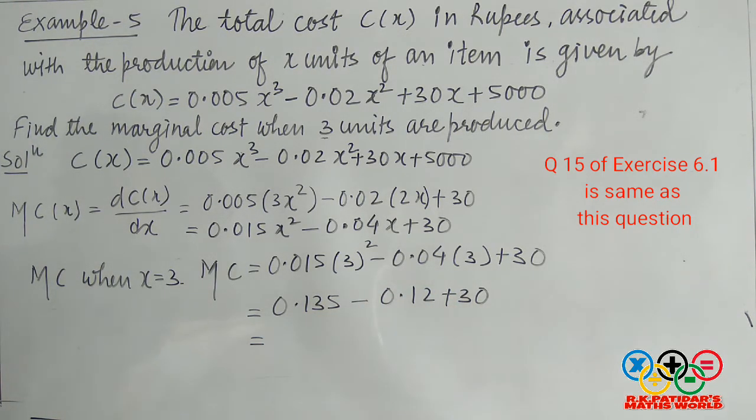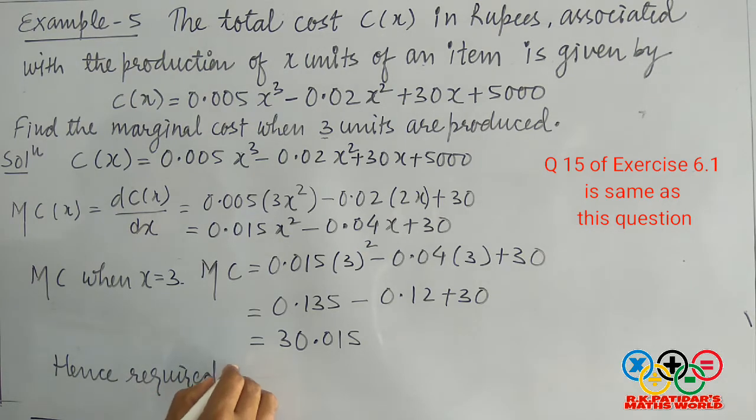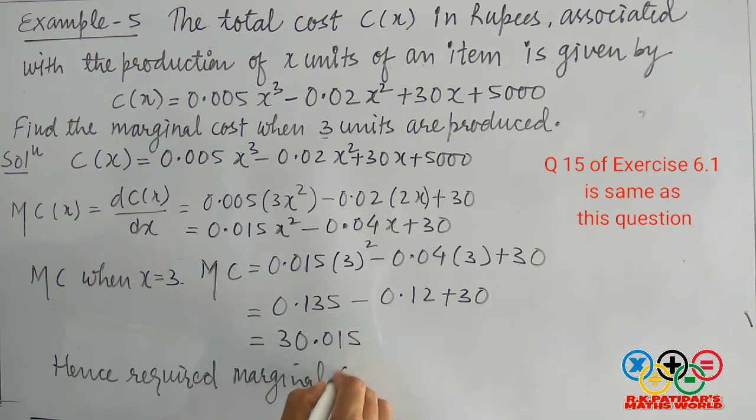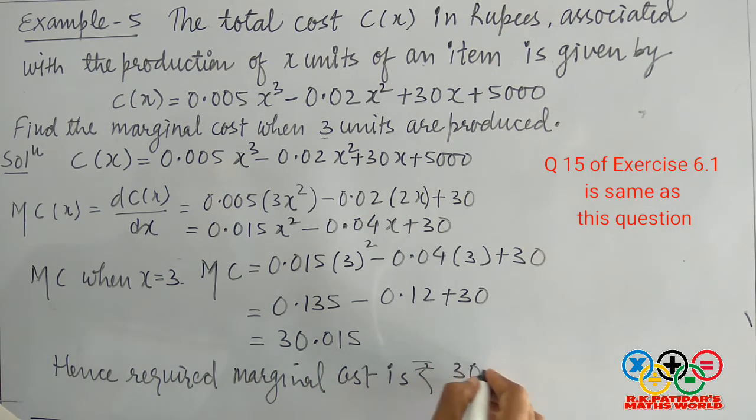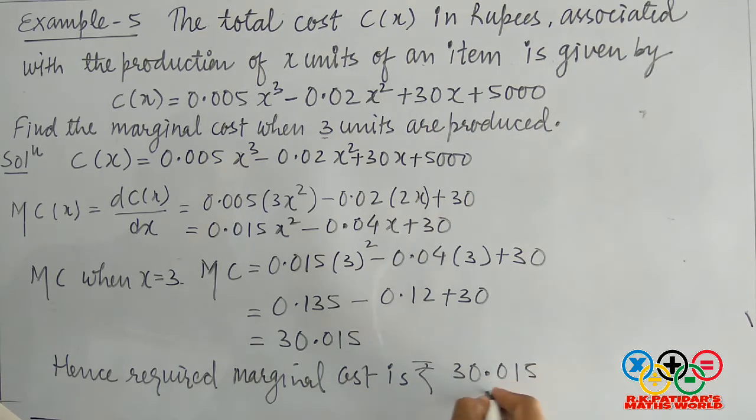We calculate it and get 30.015. Hence the required marginal cost is rupees 30.015.